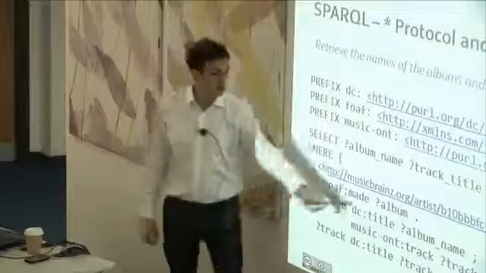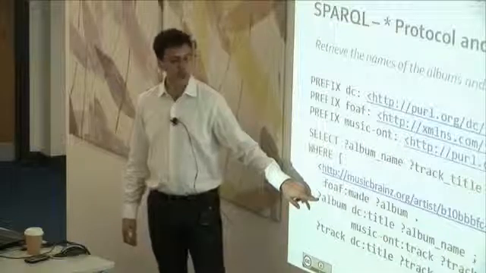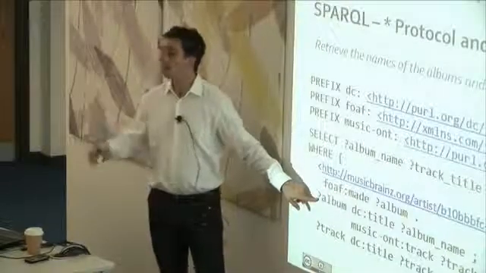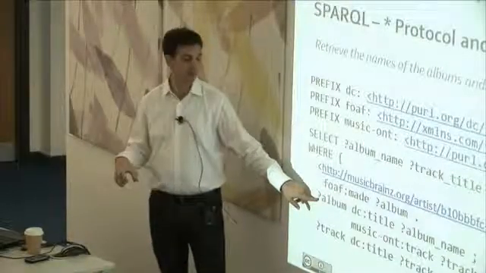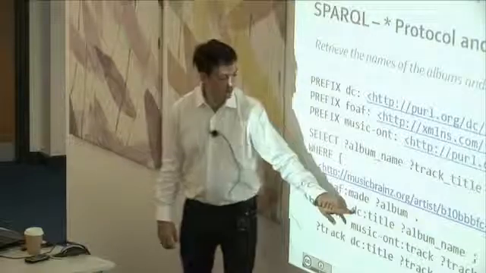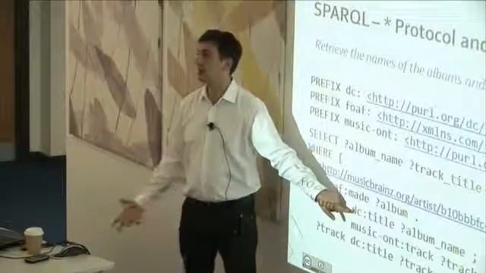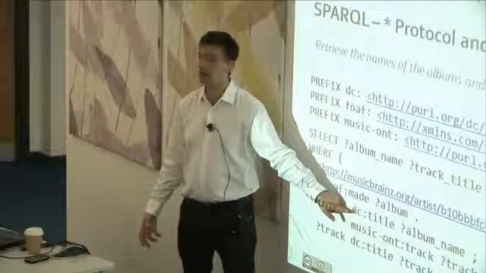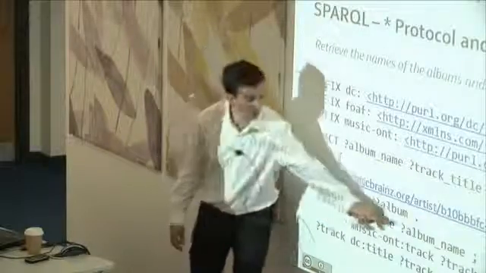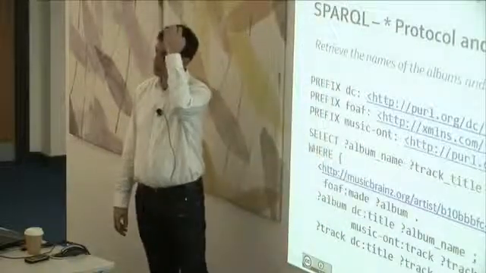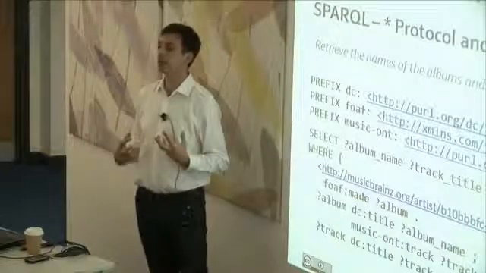But using that same variable, we say in a second triple, whatever you tell me must also have a relationship defined by this predicate, which is title. So it should have a title, and again, we use a variable to say, you tell me what that title is.